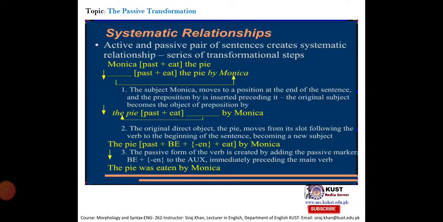The systematic relationship between active and passive voice sentences involves a series of transformational steps: Monica, followed by the past form of the verb, followed by the pie, the object. Past plus eat, the pie, by Monica.